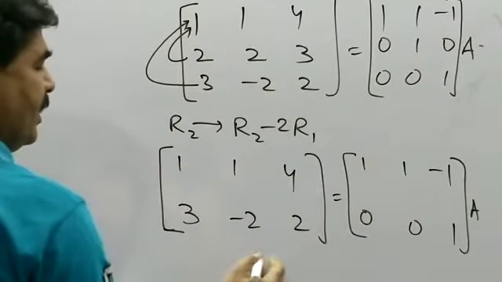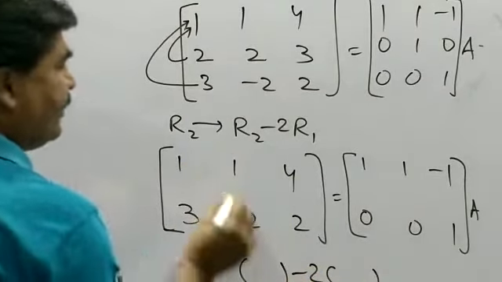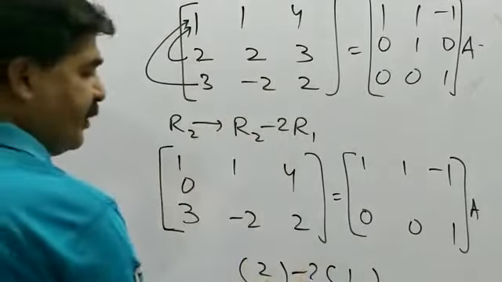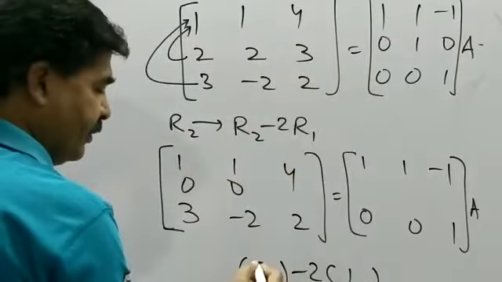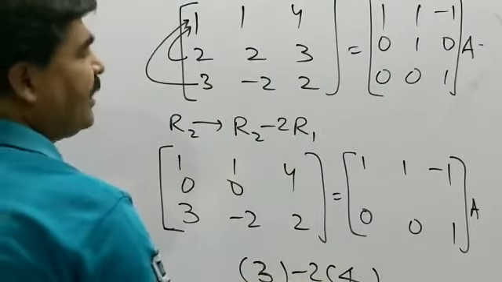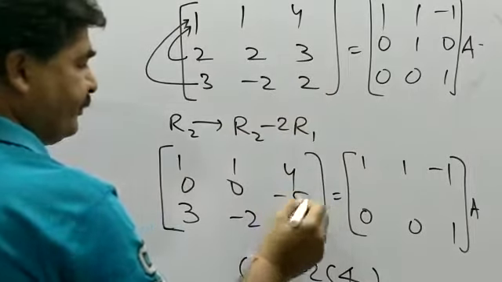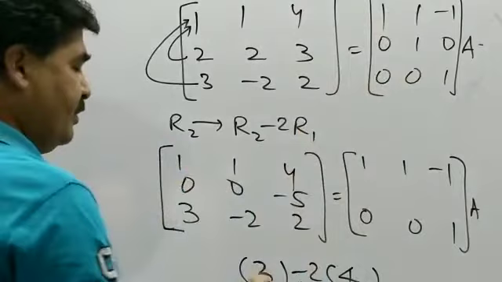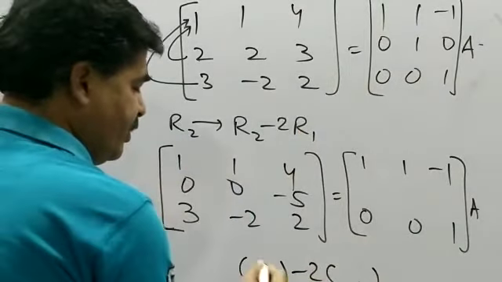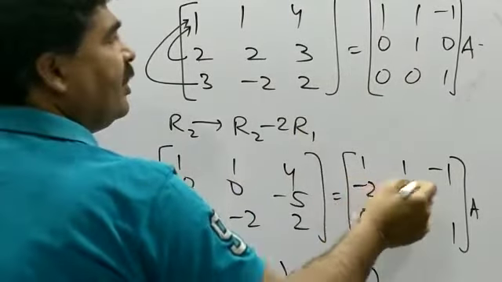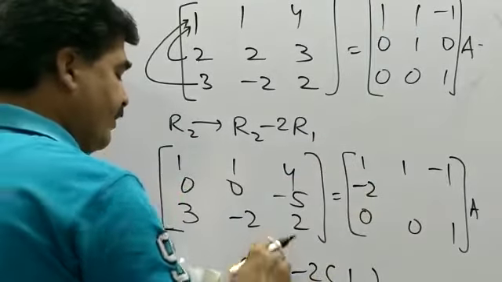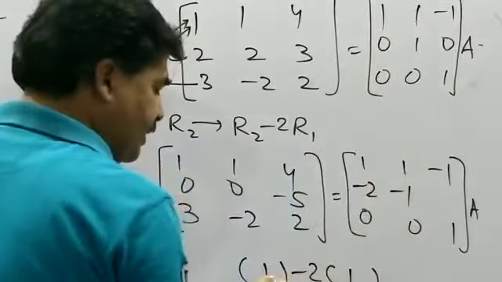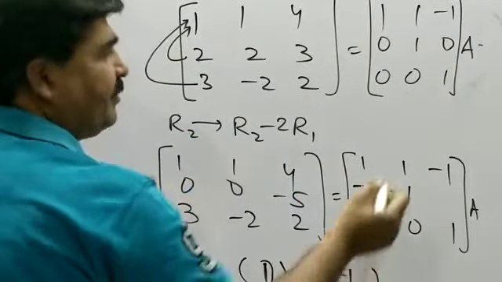R2 is 2 and R1 is 1, then 2, 1, 2, 1, again 0. 3, 4, 3 minus 8 is minus 5. Then R2 is 0 and R1 is 1, that means minus 2. Then 1 minus 2 is minus 1, 0 minus minus 1 means 2.